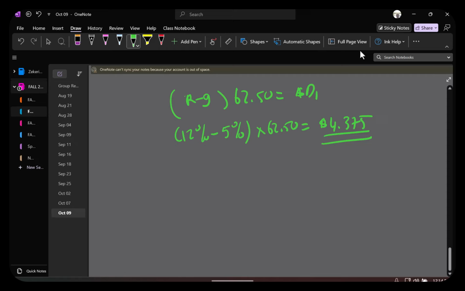But I want my template to find that number for me without me doing any calculation.